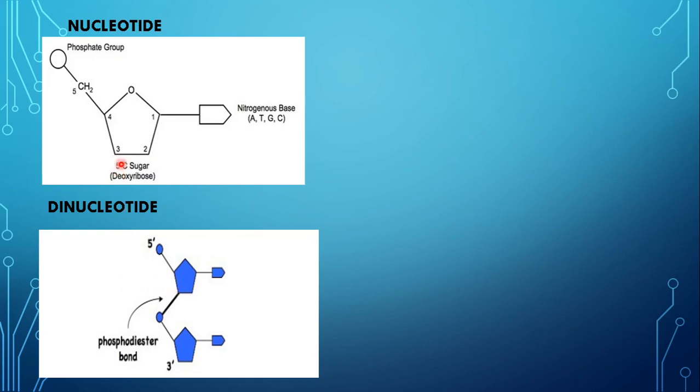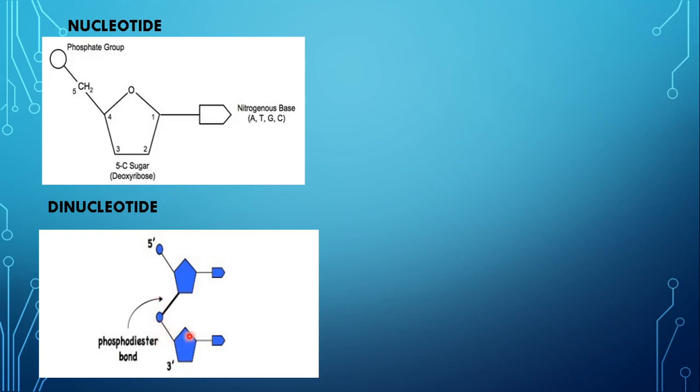Now here you can see the third carbon is free. This is the first nucleotide, it takes its position. The second nucleotide comes to lie just behind it or ahead of it, wherever it lies.